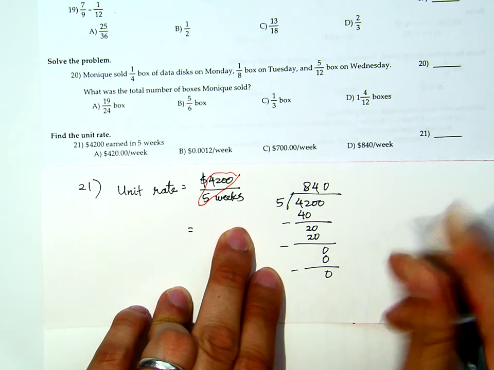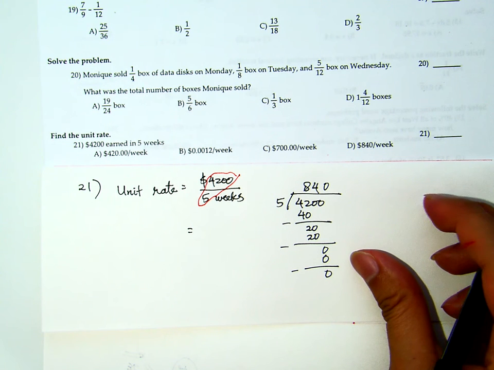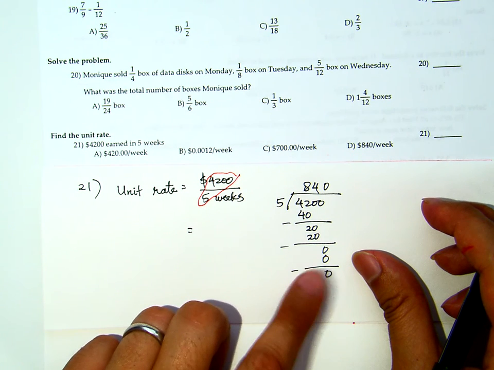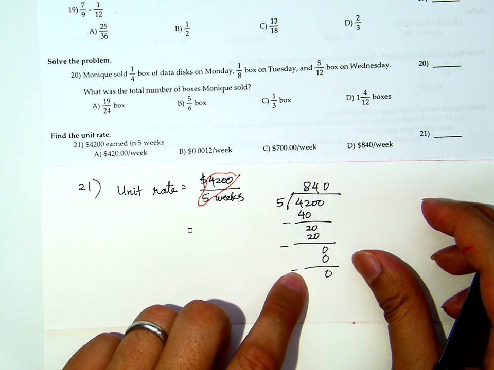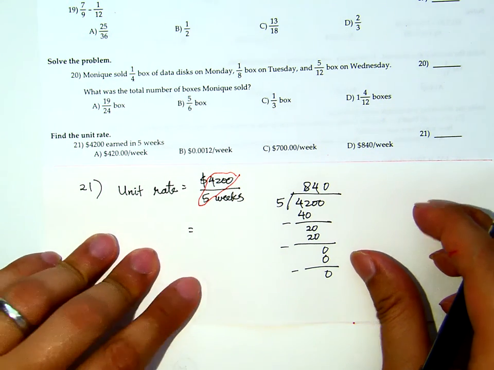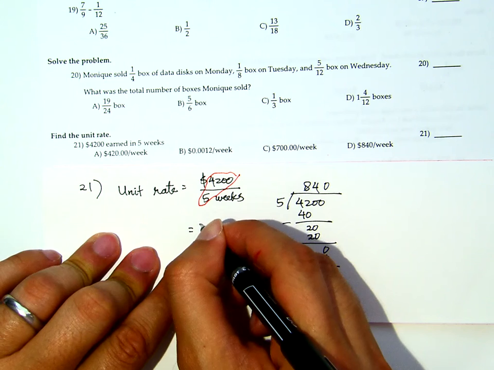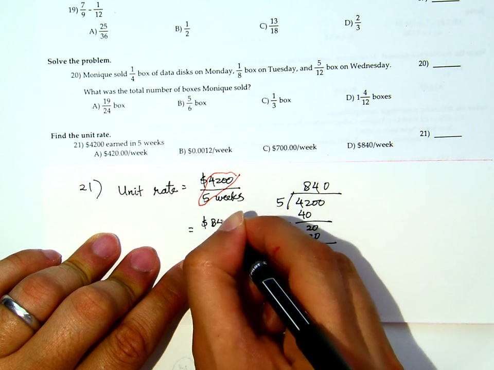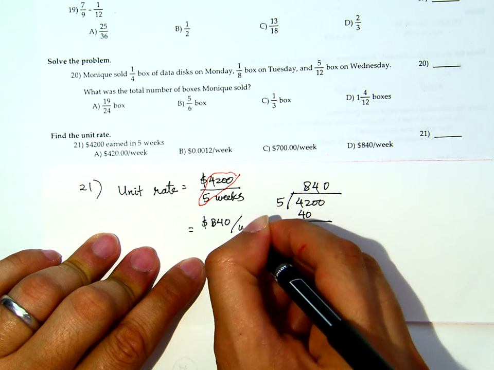Now you need to be careful when you do your division. Some students try to do it so fast that they don't get it right. What I'm afraid of is you get 84 only. That's not right. When you divide properly, you will get 840. As a unit rate, it will be $840 per week.